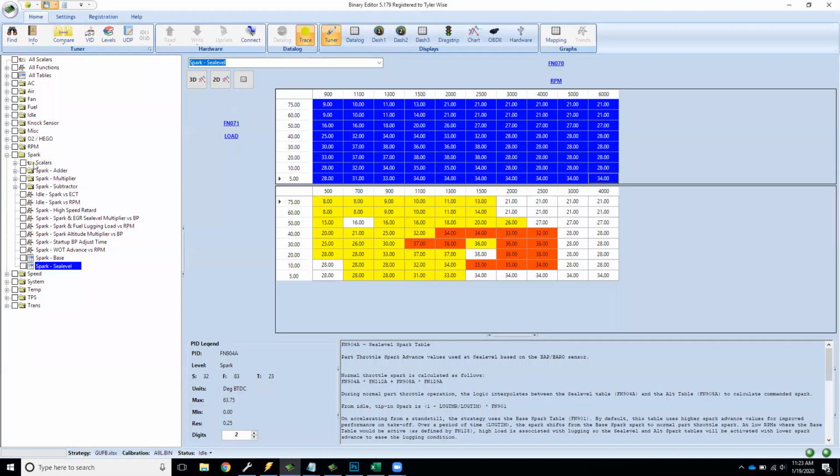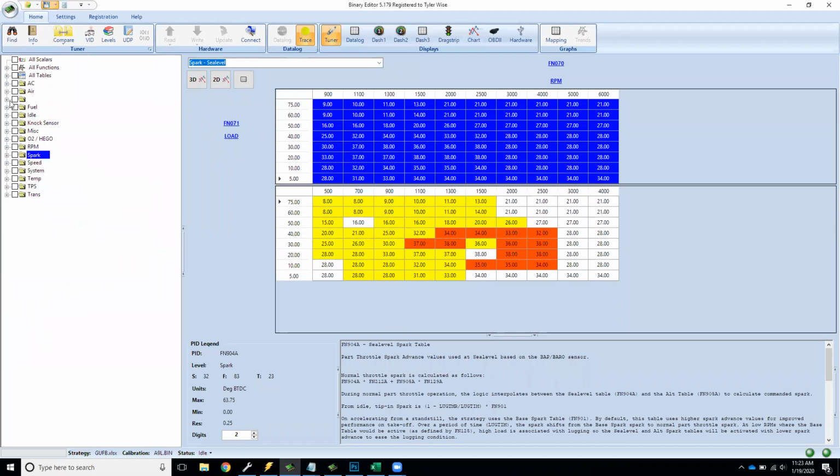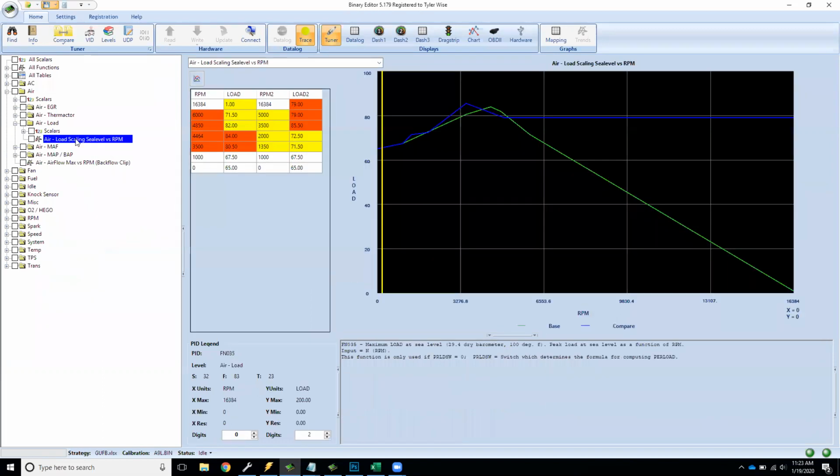So going back into the binary editor for a minute, when we go up into this air and go to load, just in case you didn't watch the other videos, this table right here is one where you should have tried to plot the maximum load that you were able to achieve during wide open throttle, naturally aspirated. So again, if you're running a blower, and that's kind of the basis of this video, you take the belt off and go run the car.